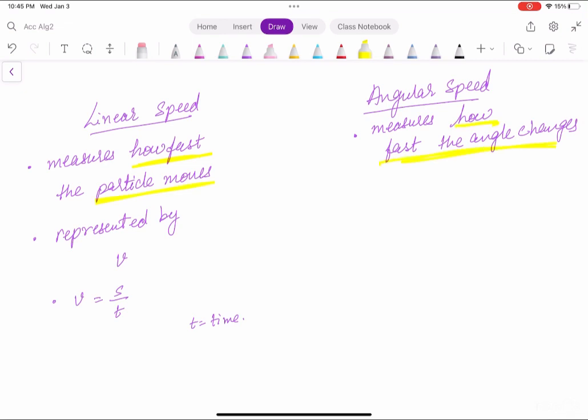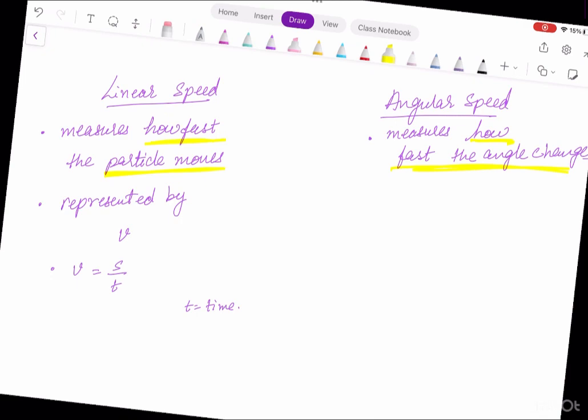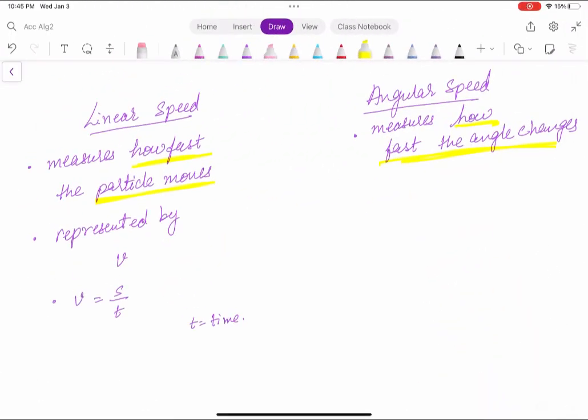Angular speed is represented by the Greek letter omega, written as lowercase w. What is w? Because we are talking about the angle, it is theta divided by time.